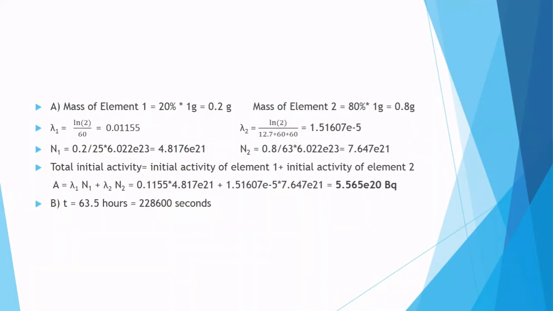Next, we will calculate the activity after 63.5 hours has passed. To do this, we will first convert hours into seconds, so 63.5 hours is equal to 228,600 seconds. To calculate the total activity after a certain amount of time has passed, we need to use the exponential decay formula for both element 1 and element 2 and then add them together.